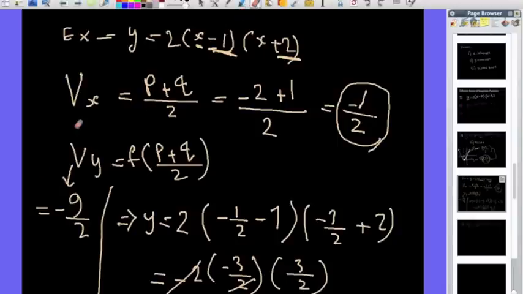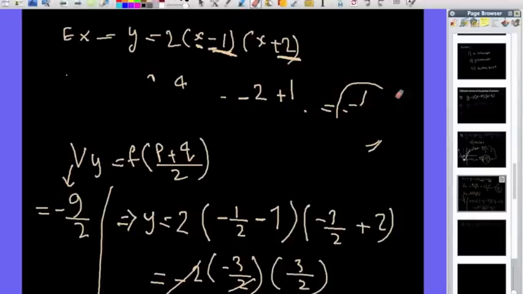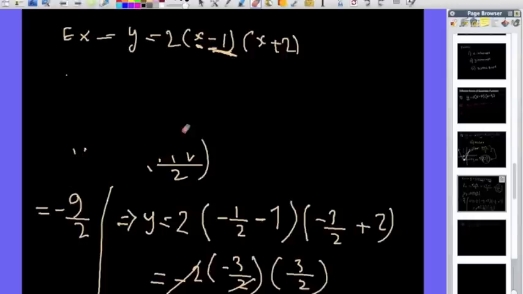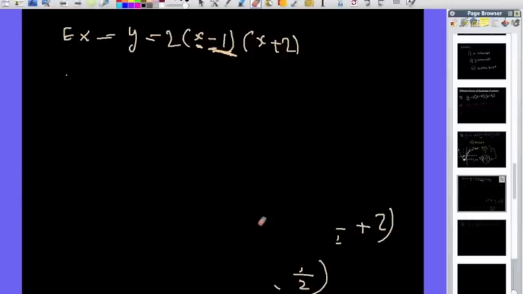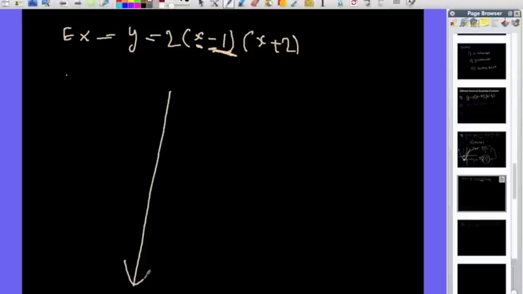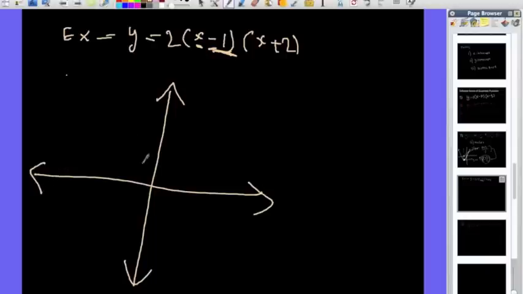So now you should sketch the graph, right? After all, they asked you to sketch the graph. But we had to find x and y in order to sketch it. So this is a normal graph. Now we know that our vertex point is -1 by 2 for x.